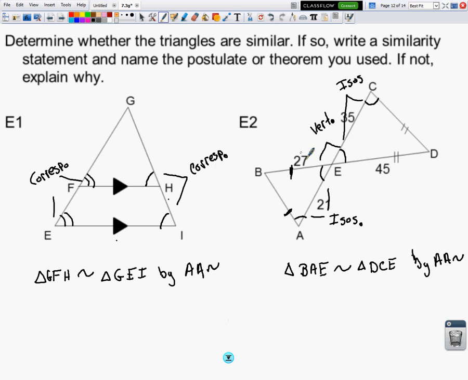You could have also done side angle side similarity because these two angles are vertical. And you could have done 21 over 35 and 27 over 45 and found that they were proportional. Pretty good?